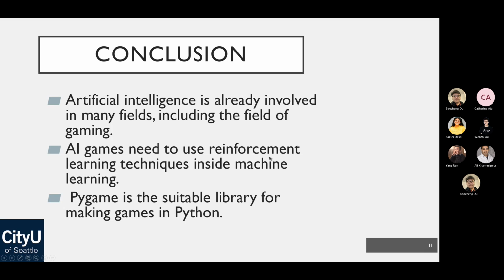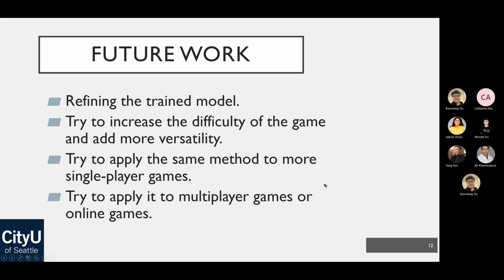So in future work, I have 4 things that need to be improved. First, I need to refine the training model, because many obvious flaws were found in the table I showed before, so the previous data analysis needs to be corrected. Second, try to increase the difficulty of the game and add more versatility.